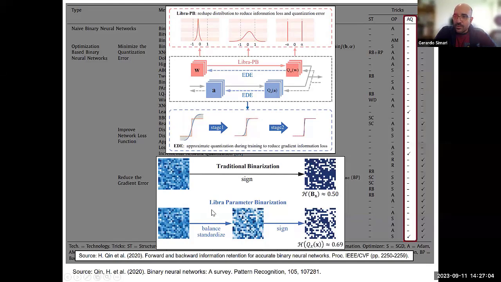If you make a more balanced effort, then eventually you can apply the sign again, but now you've preserved much more of the structure, so you get more out of your weights and activations, without going in one step to the sign function.